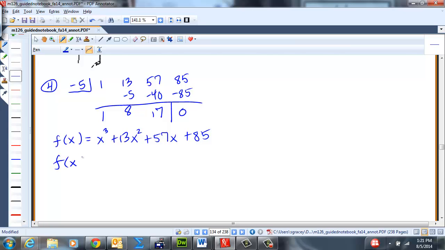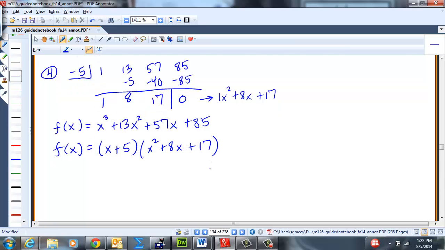We can rewrite this as x plus 5, because x minus negative 5 is positive 5, times, oh, and I forgot to put off to the side, this would be 1x squared plus 8x plus 17. So we'll get x squared plus 8x plus 17.